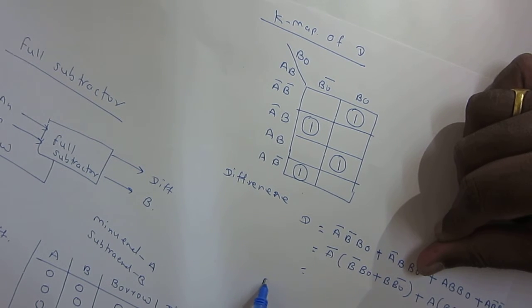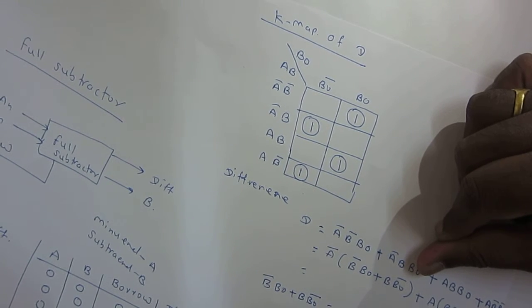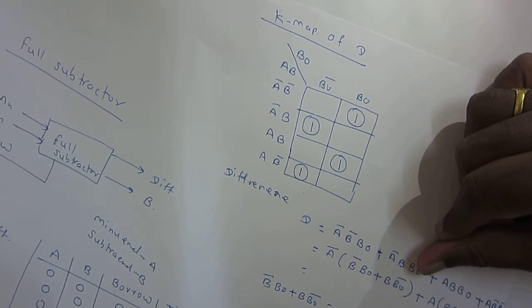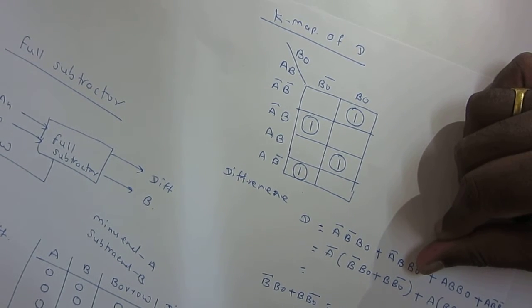If we take B bar B0 plus B B0 bar as one element, X, this combination looks like A bar X plus A X bar.